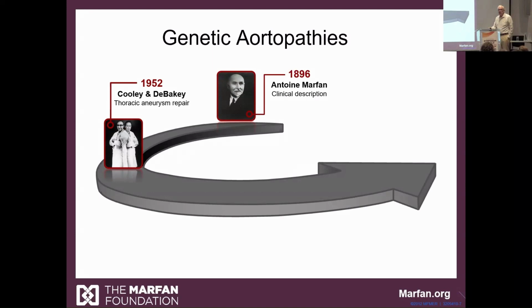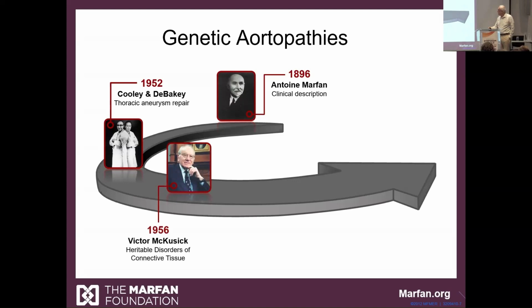This is in many ways a surgical disease, so important progress had to wait until the surgeons developed techniques for operating on the aorta. And then a genius named Victor McKusick at Johns Hopkins University was the first clinician to really assemble all the parts and recognize important critical patterns.